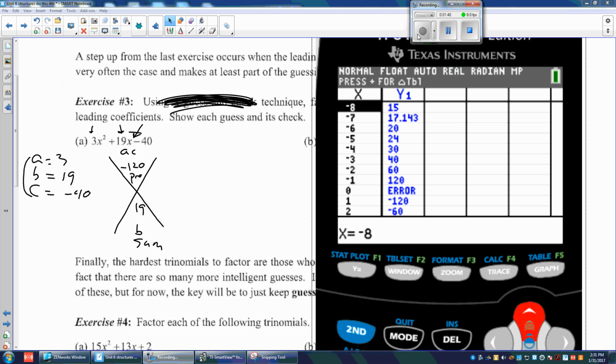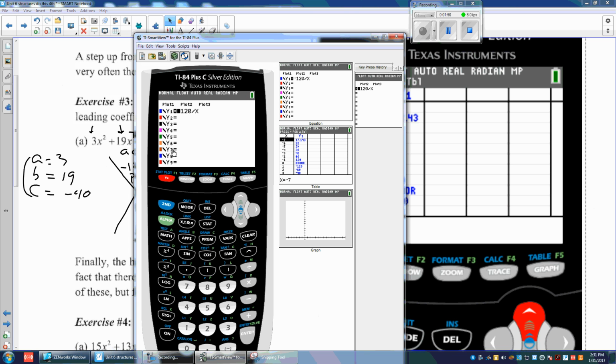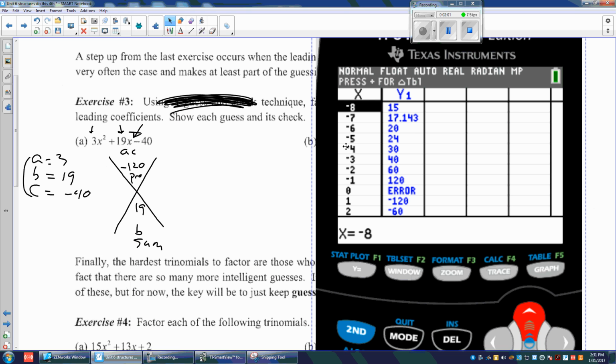Since I have absolutely no idea what numbers multiply to be negative 120 and add up to be 19, I grabbed my graphing calculator, I hit y equals, and I did negative 120 divided by x. I hit second, table, and this is what I got.